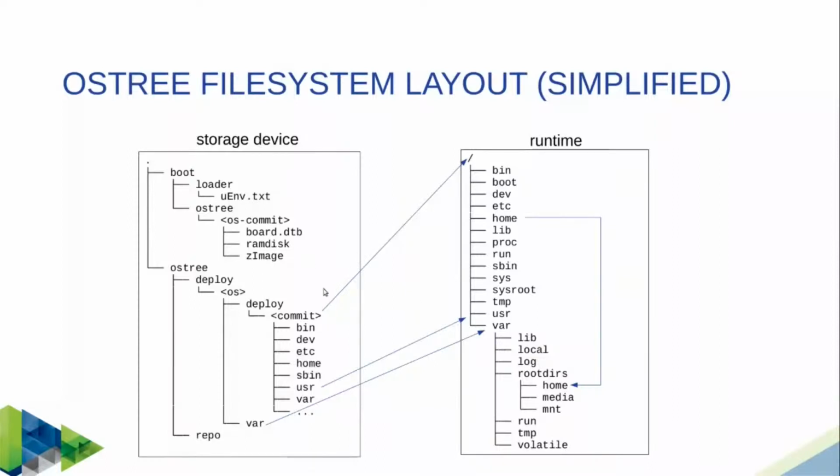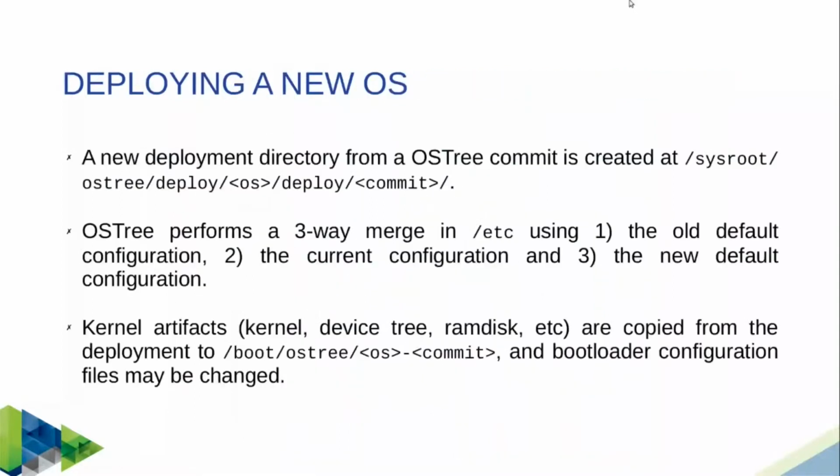It will update what you have changed here. Create a new commit and you update it, and it will also update your boot script if you have one. So the deployment operation will do all of this. It will basically check out a version of a file system and also prepare the system to boot to this new version.